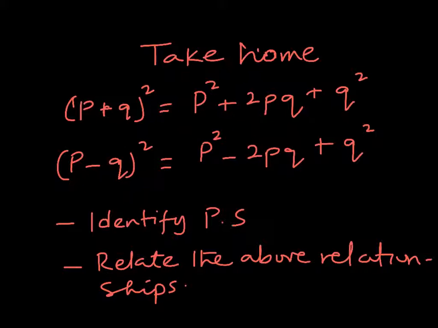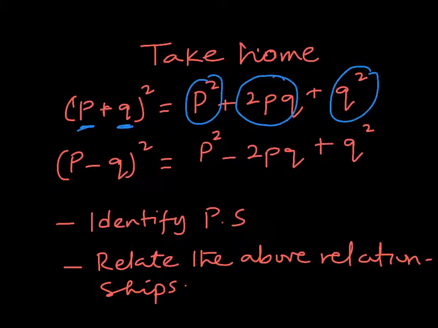You want to remember that when you have p plus q in a bracket squared, the fully expanded form of it is p squared plus 2pq plus q squared. It's important for you to notice that the first term p is squared, the second term q is squared at the end of it, and in the middle term p and q are multiplied together, p times q, and then two of them, so we see 2pq.